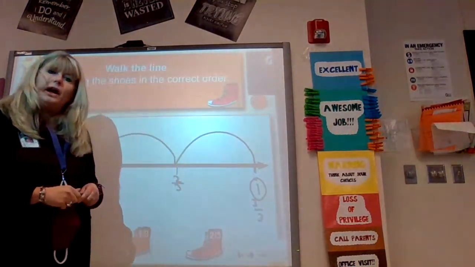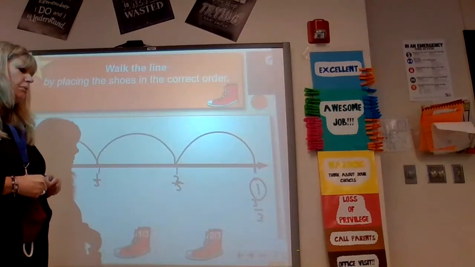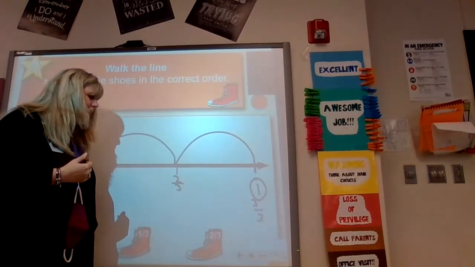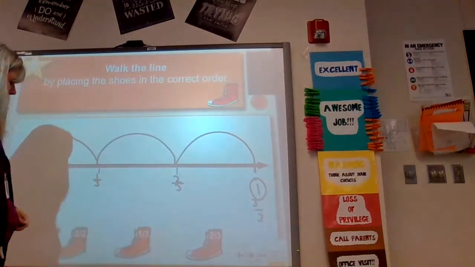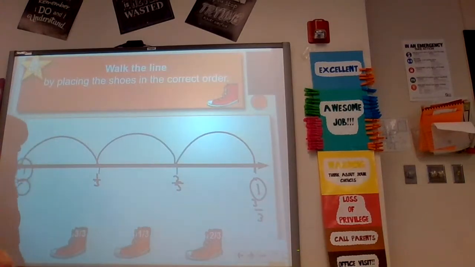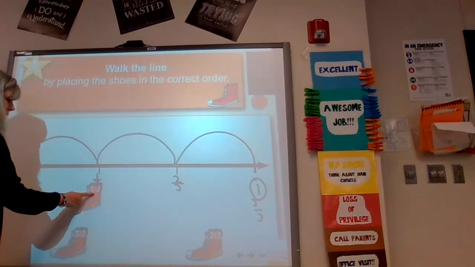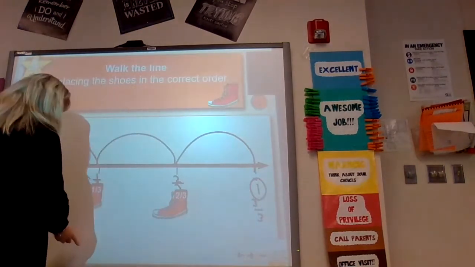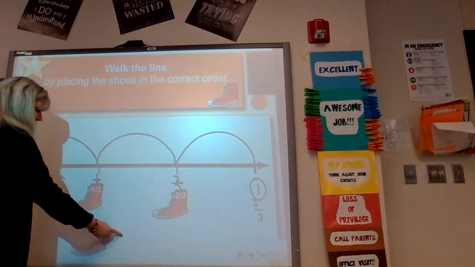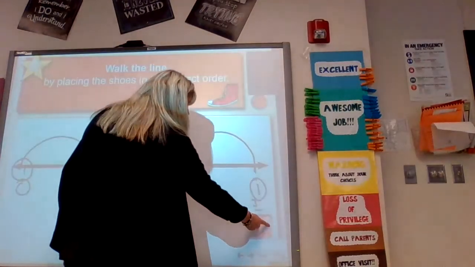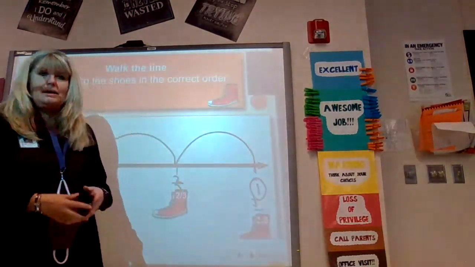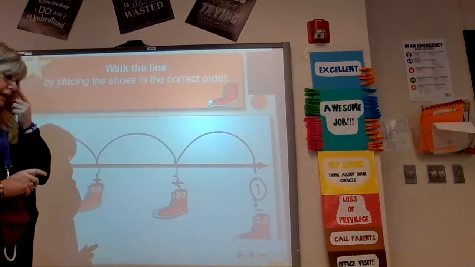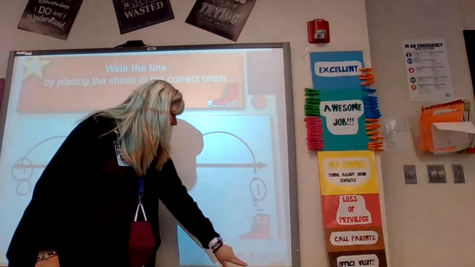I'm doing that on my own just to make sure I remember and understand what I'm doing. Now I can move these awesome looking Converses to the correct place. Here's 1/3, here is 2/3, and right over here I'm going to bring 3/3, which is the same as 1. Let's look at the next one.